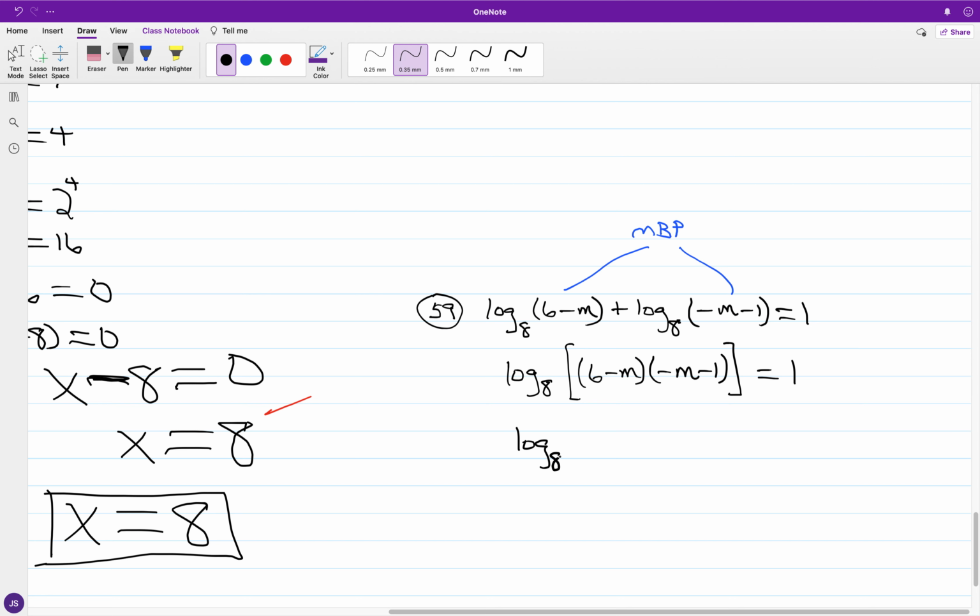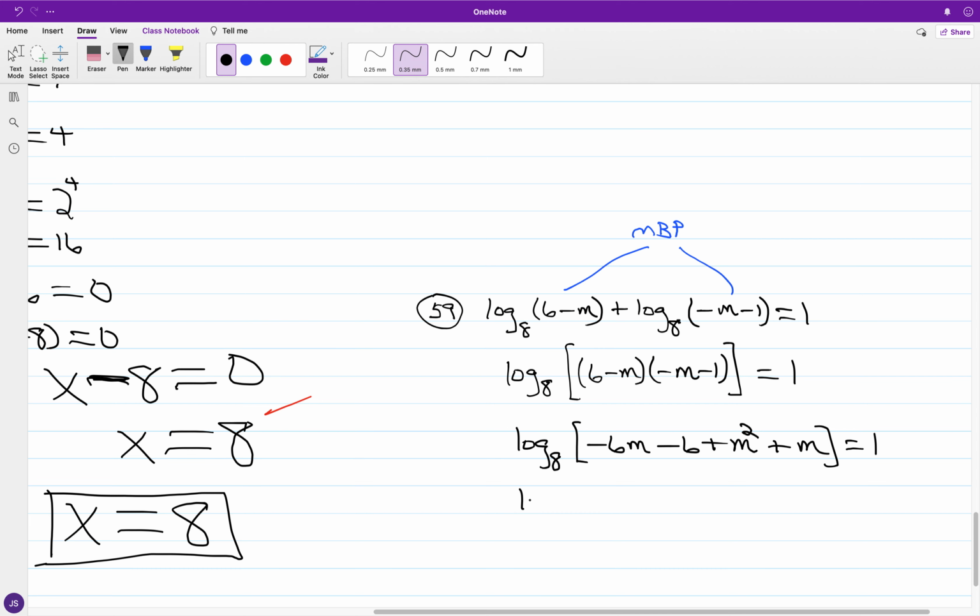And see what we got here. So we got the base 8 logarithm. So it's like we're going to have negative 6m minus 6 m squared. Yeah, we'll just do this. So you have negative 6m minus 6 plus m squared. Negative m times negative 1, that's plus m.